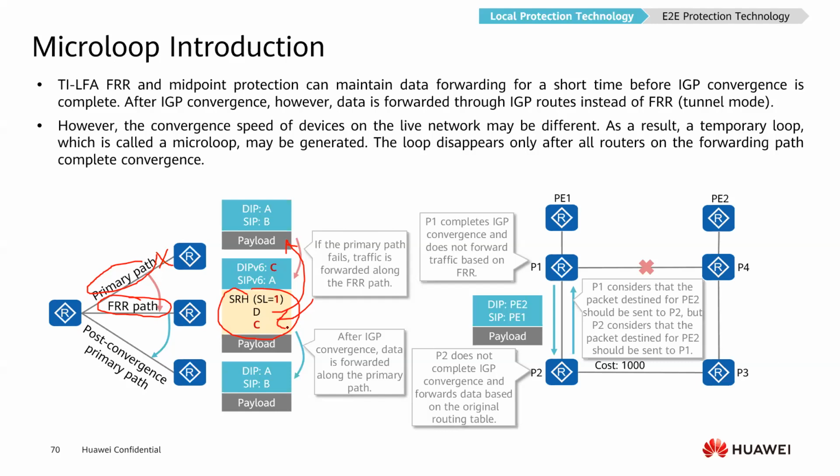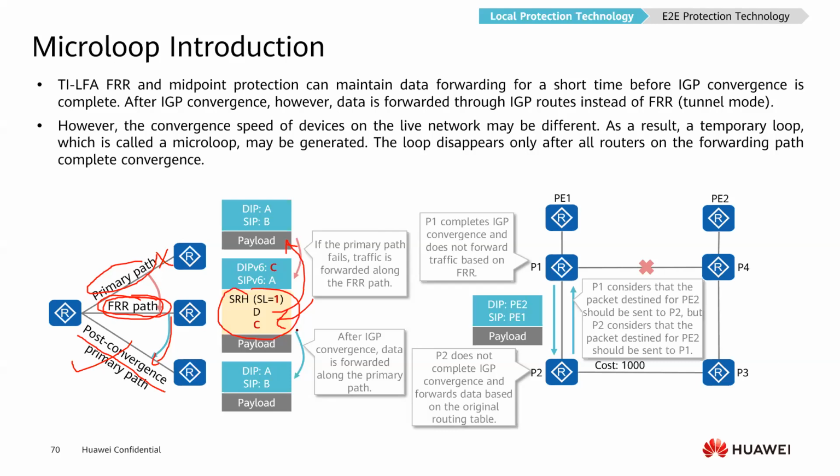But eventually there will be some backup path. That backup path may be converged. After that, I will not go into the FRR path anymore. I will go into that real backup path, I mean the post-convergence primary path. I will go into here.